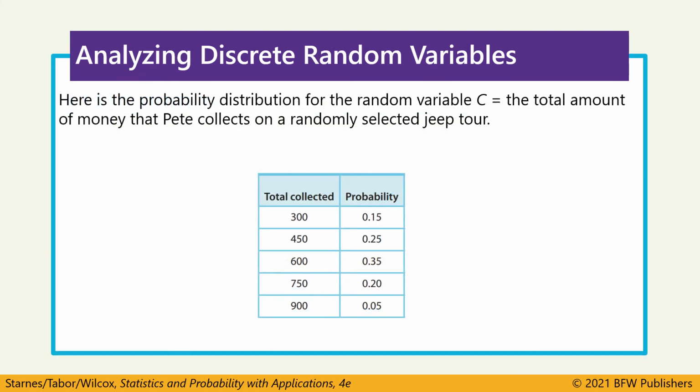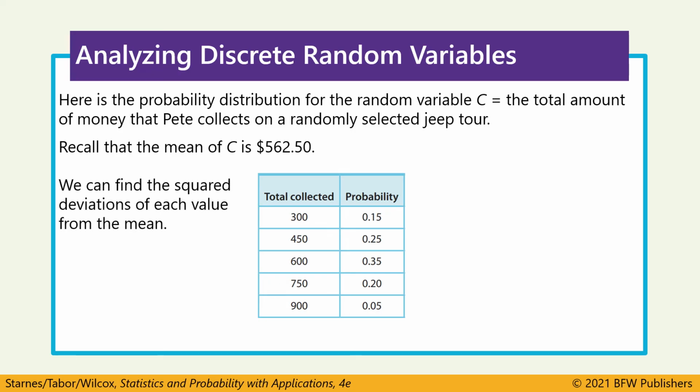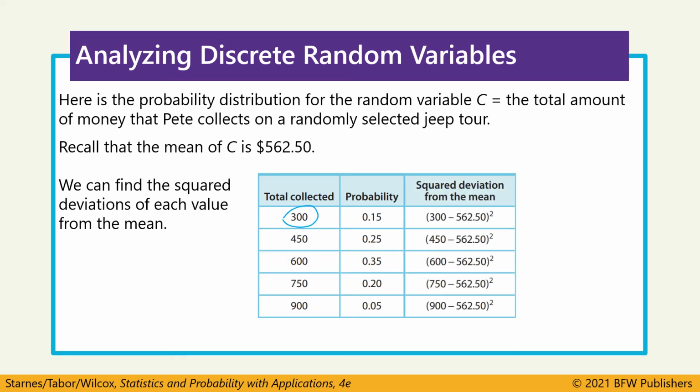So let's find the standard deviation for the table showing the amount that Pete collects for his Jeep tours. We found the mean previously, and we got 562.50. So to start, we're going to take each of these values here, and we're going to find the squared deviations, meaning we're going to take each value, subtract the mean, and square that. That makes all of these positive.